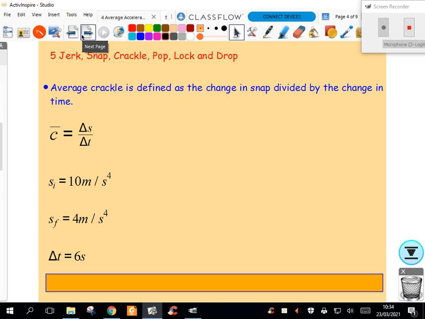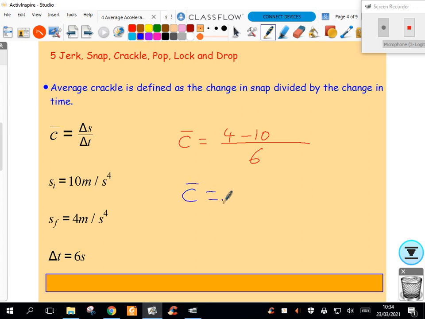Again, it's pretty much the same thing all the time. If I want to find the average crackle here, it's the change in snap, which will be the final snap of 4, subtract the initial snap of 10, all divided by 6. I'll leave the units out until my final answer.